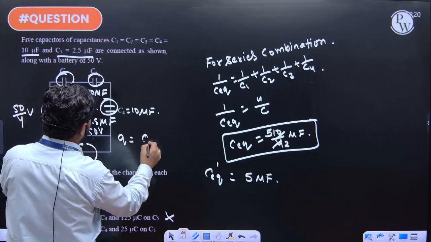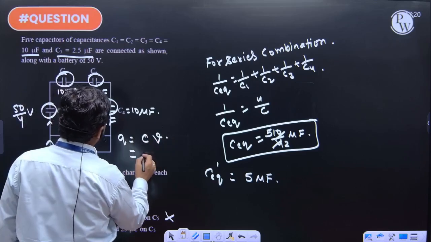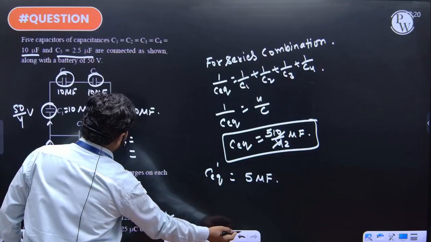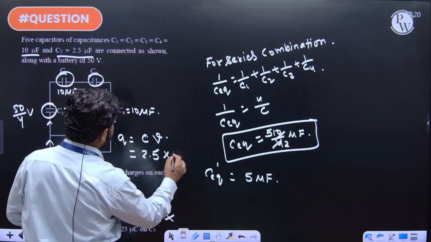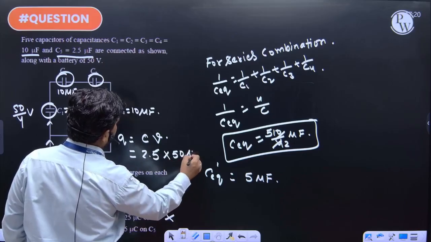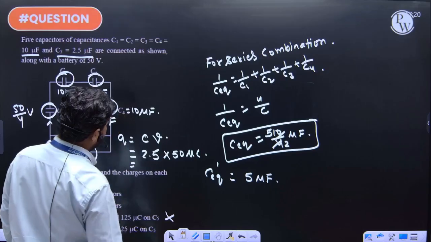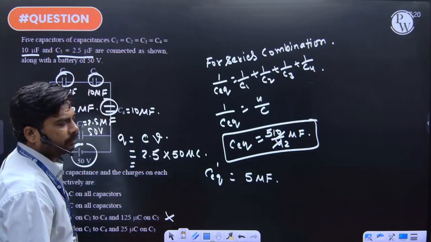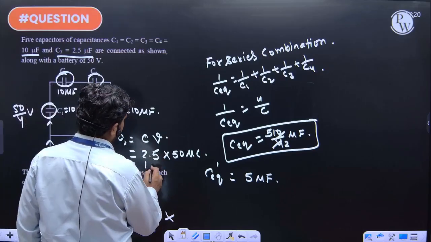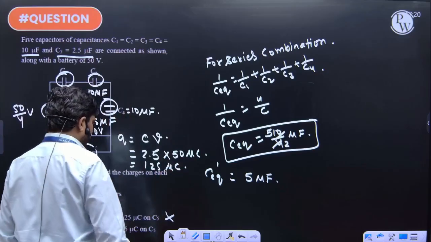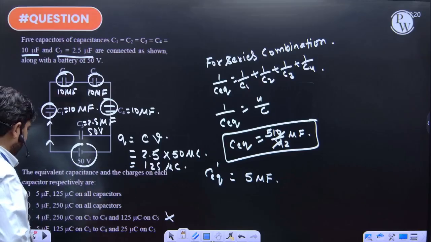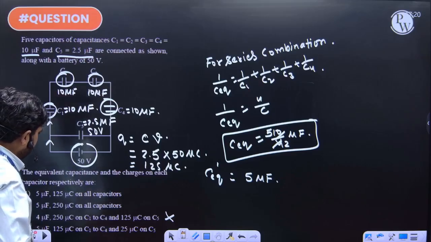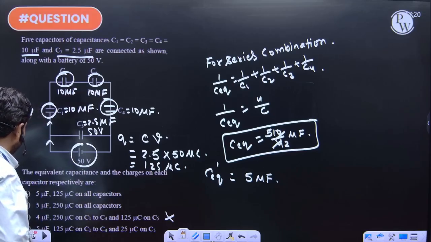Q is equal to C into V, so 2.5 into 50 microcoulomb, right? 25 into 5 is 125 microcoulomb. So 125 microcoulomb will be on C5.